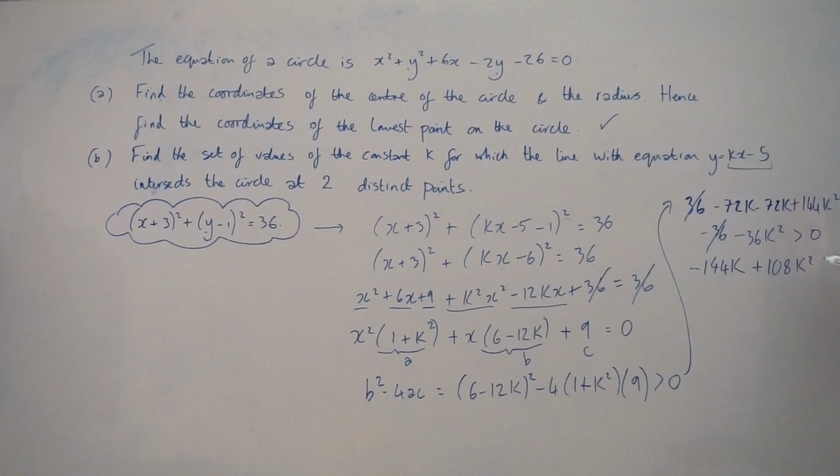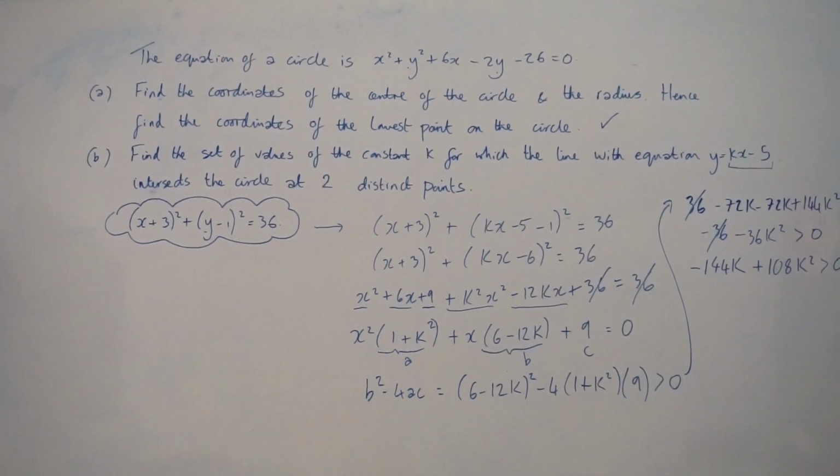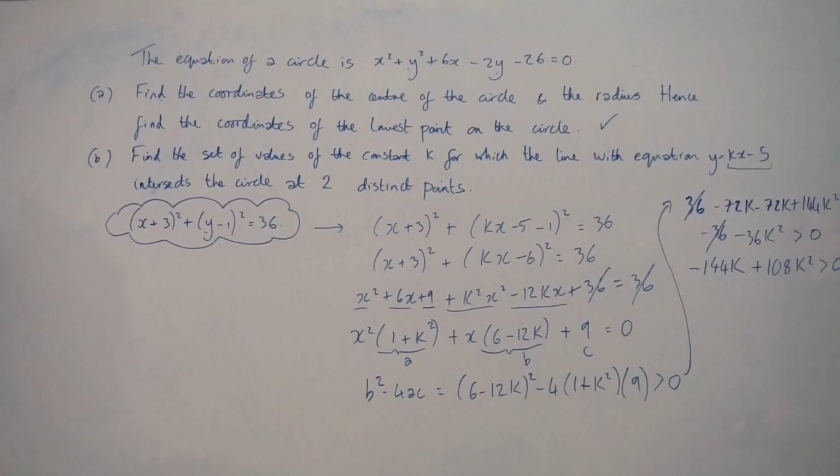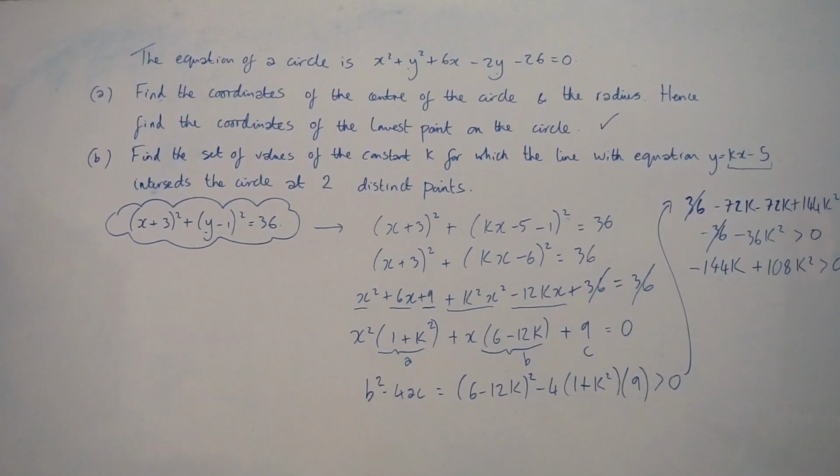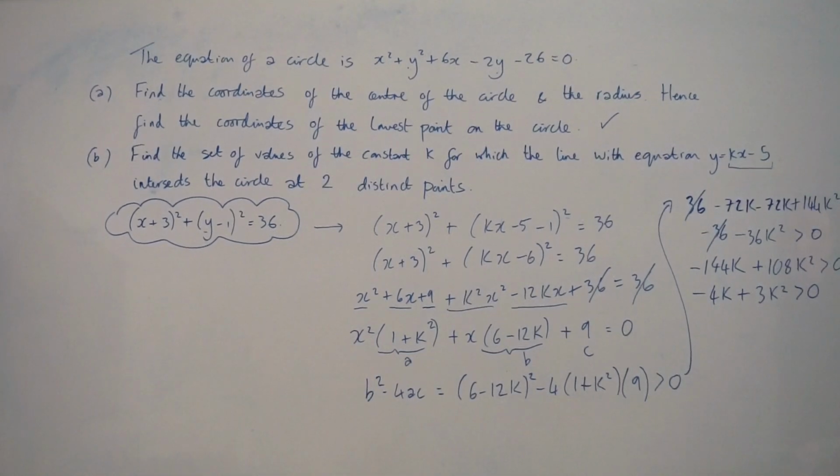And remember, this is greater than 0. Okay, so I can divide everything by 36 in this expression. That is the common factor. So this is negative 4k and this is 3k squared. And so I'm solving this quadratic inequality, okay?